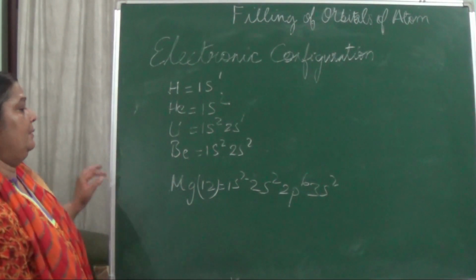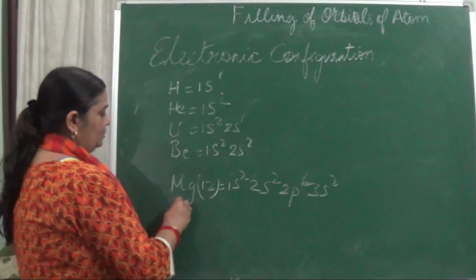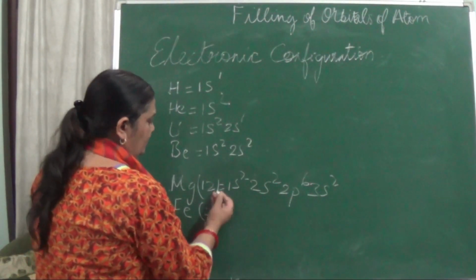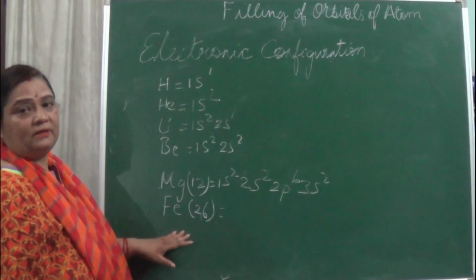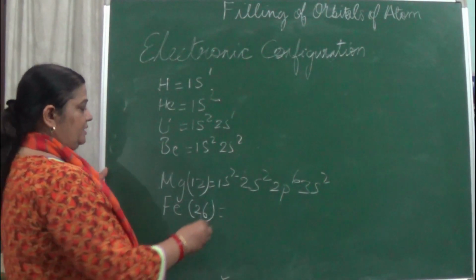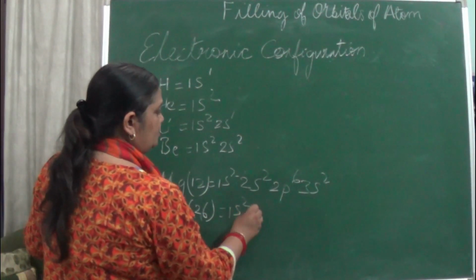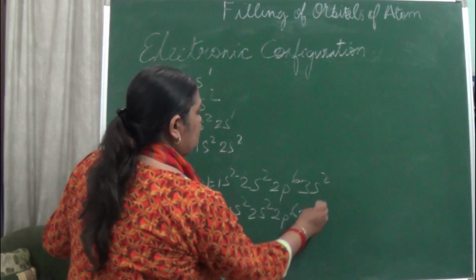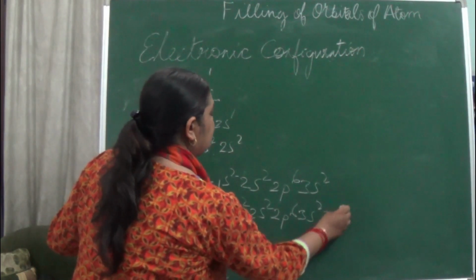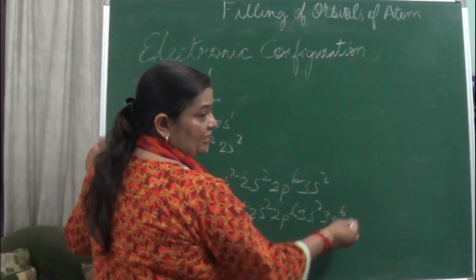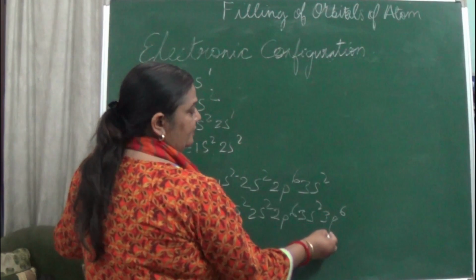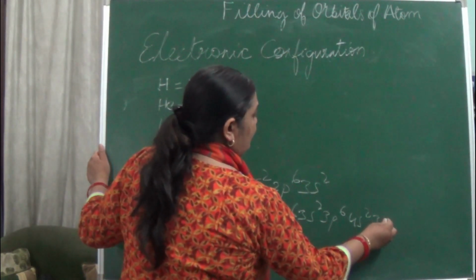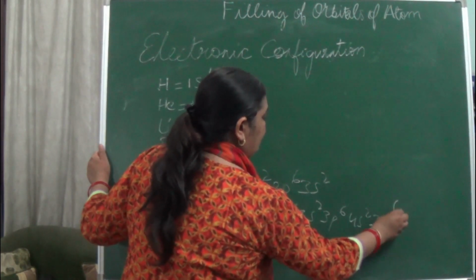Now let us do it for iron also. You can do it. Come on, it is 26. So its atomic number is 26. Let us fill the electrons. It becomes 1s2, 2s2, 2p6, 3s2, 3p6, and then 4s2, and 3d, how much will it be? 6.